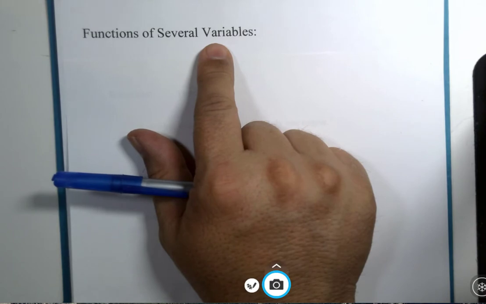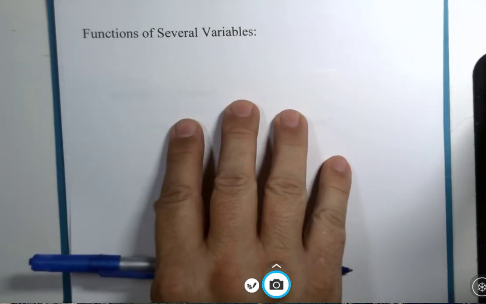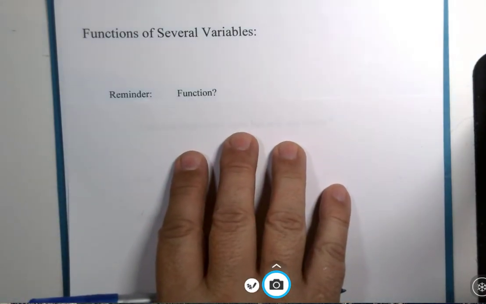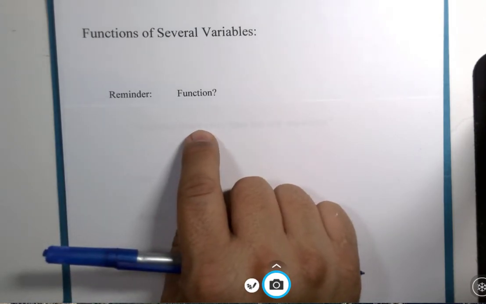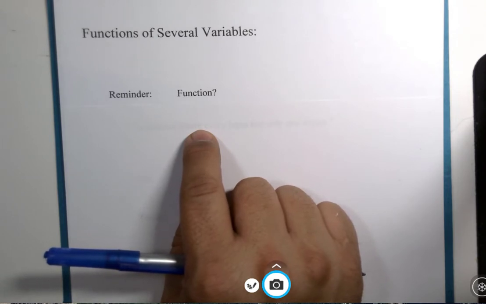So let me just go back and highlight some information. And the first thing is, what was a function? And there's lots of ways of describing a function. May I suggest to you that the visual, called the vertical line test, is not going to be your best one when we increase number of variables.